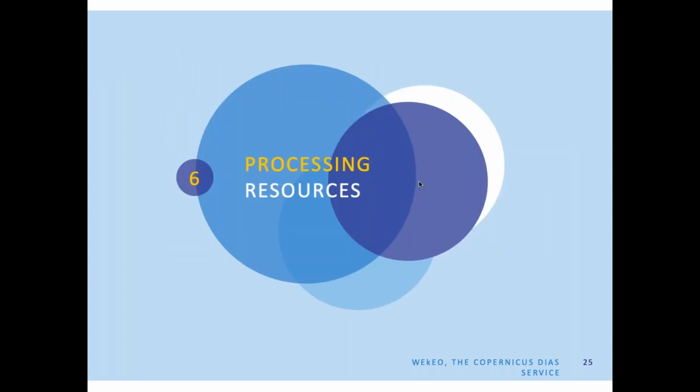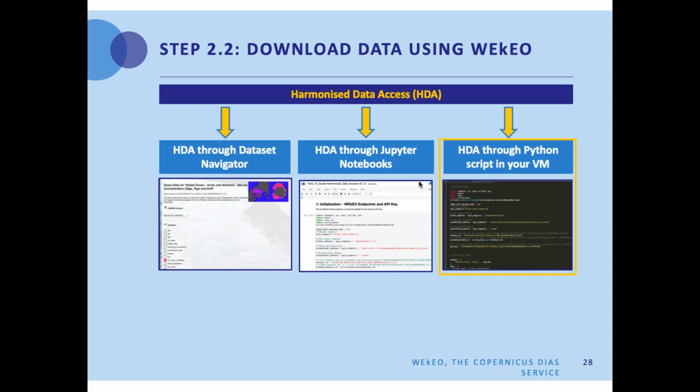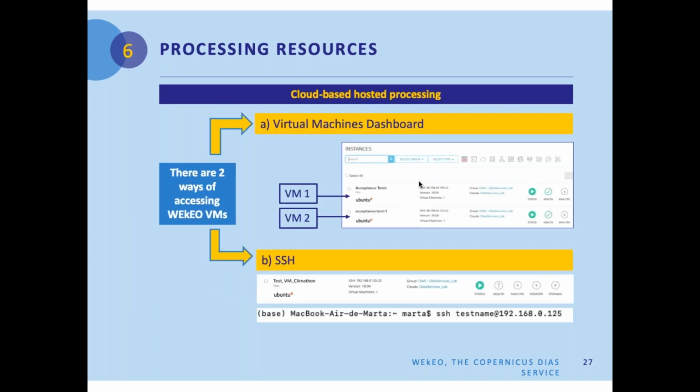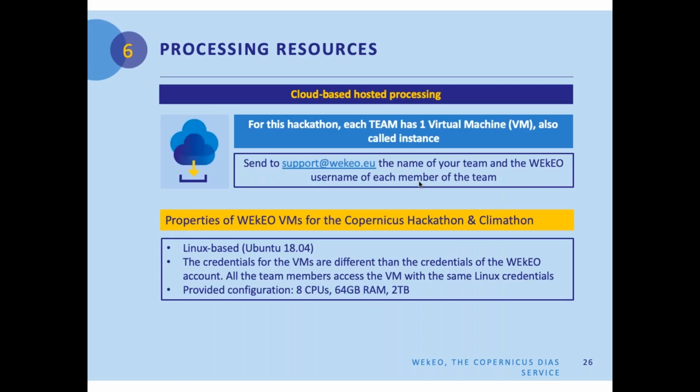And the last part of WEkEO is the processing resources. As I was explaining before, we have these three ways of downloading data. And so these processing resources are the last step that might be useful for this hackathon.